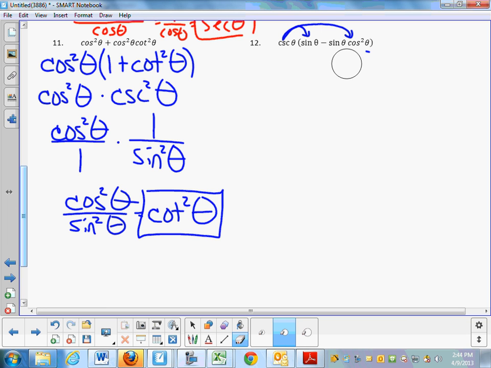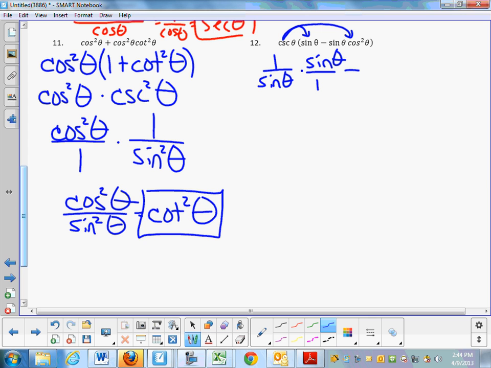Here, I'll write this one out. There's too many blanks, so watch this. What I did is I rewrote cosecant to be 1 over sine, and now I wrote them all together.